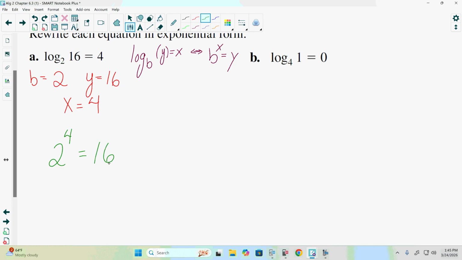So rewritten in exponential form, 2 to the 4th is equal to 16. The logarithmic form said that log base 2 of 16 equals 4, and its exponential form is 2 to the 4th is equal to 16.